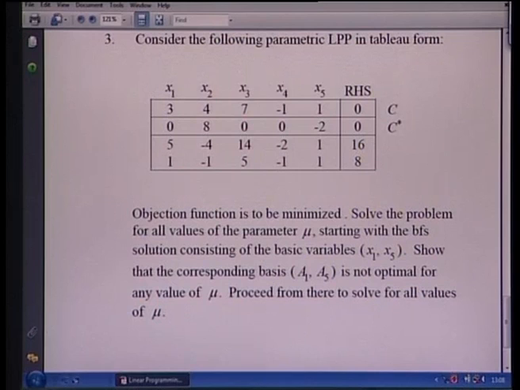What will be the idea here? Say the lower bound is bigger than the upper bound. So where will you begin? You will begin with the upper bound, because when the value of mu is less than mu upper bar, the corresponding relative cost will become negative, and so you can proceed with the values of mu less than mu upper bar.